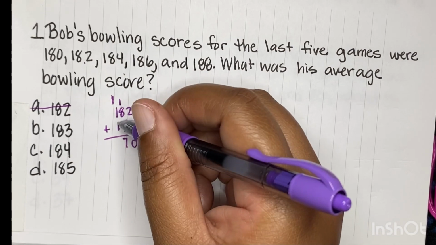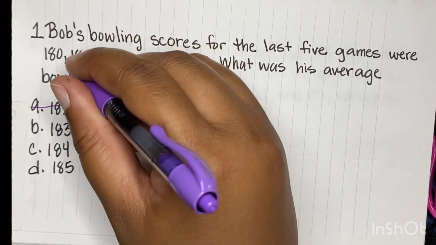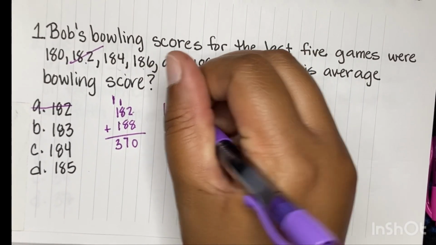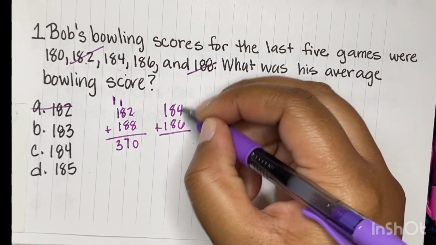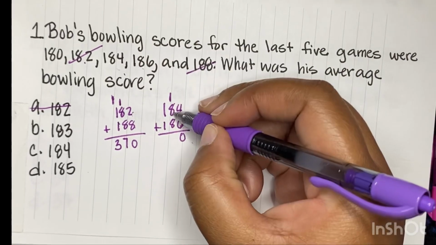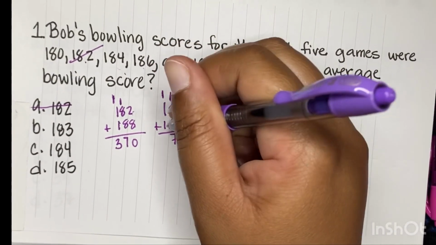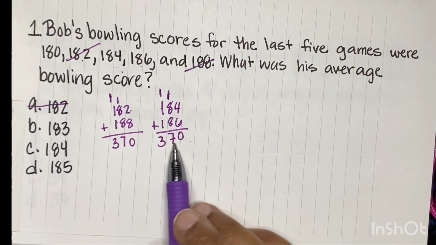Then 1 plus 1 plus 1 is 3. Now I'm going to add these two. 184 plus 186. Again, this will give me a 10. So 6 plus 4 is 10. Carry the 1. And then 8 plus 8 is 16, plus 1 is 17. Carry the 1. And 1 plus 1 plus 1 is 3. So we got 370 twice.